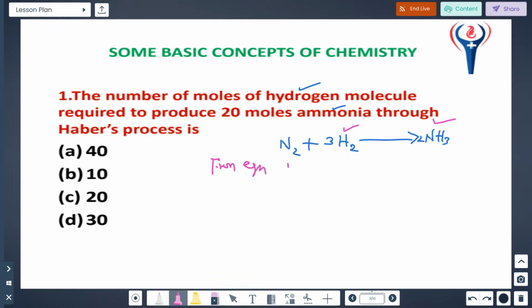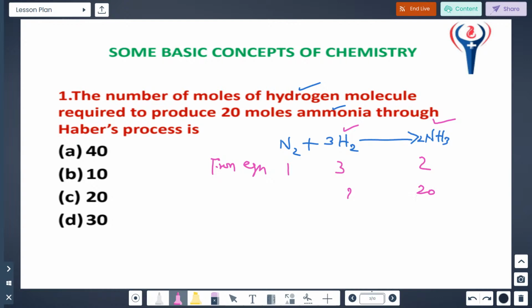This is 1 mole, here 3 moles, here 2 moles. Understood? Now see the question: number of moles of hydrogen required is the question mark, to produce 20 moles of ammonia. 20 moles here.